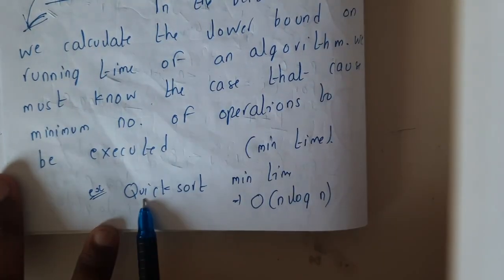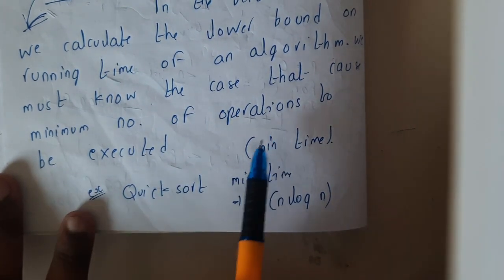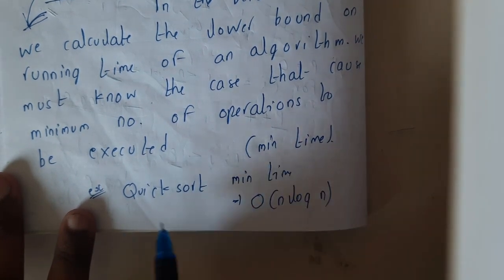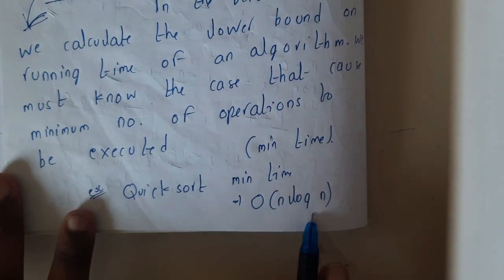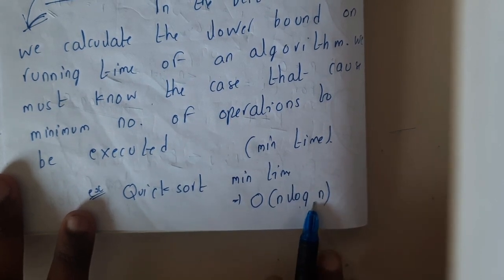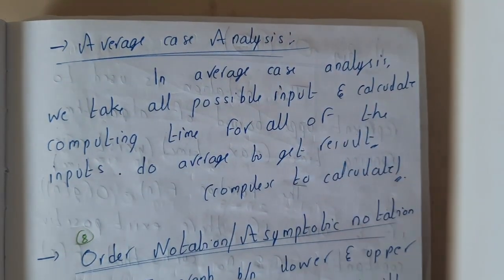With quicksort, it took n square time when we gave a sorted array. When you give a normal array which needs to be sorted, it takes big O of n log n time. Even though it is a bit lengthy, it will be done in that time.